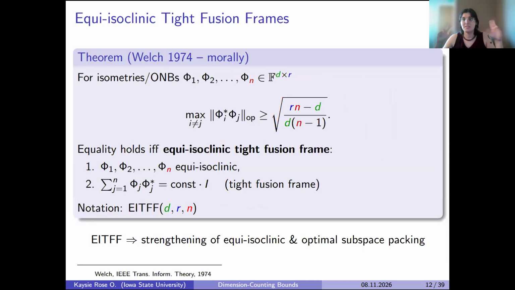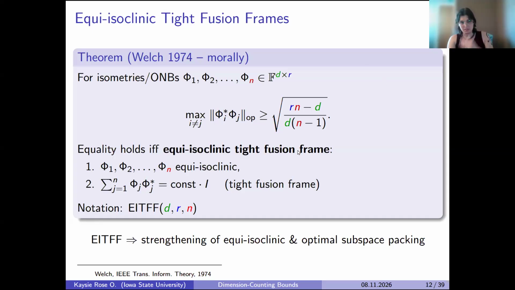There's this idea of equi-isoclinic tight fusion frames. If you're familiar at all with equiangular tight frames, this is one of the ways you can blow that up to talk about subspaces. So take some orthonormal bases. You get this coherence condition where the best you can do is getting this guy here.